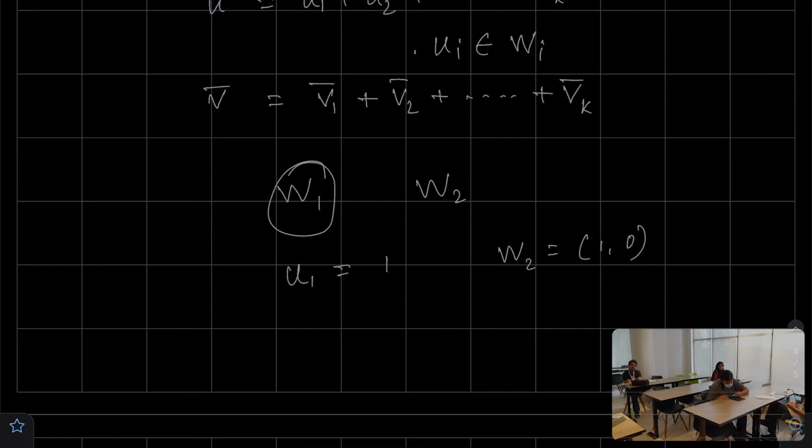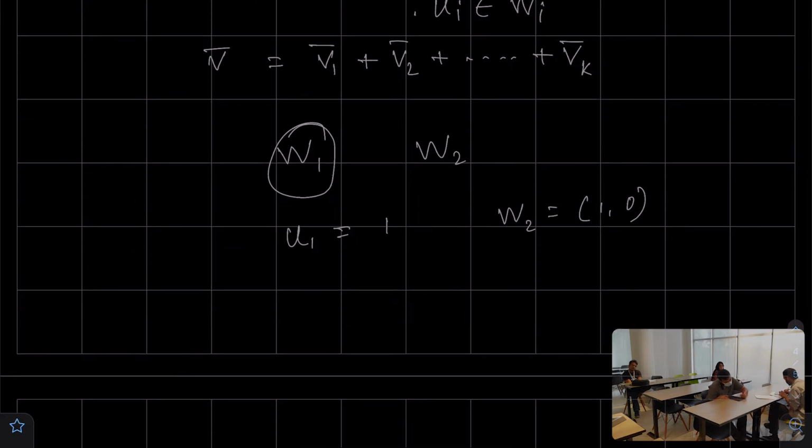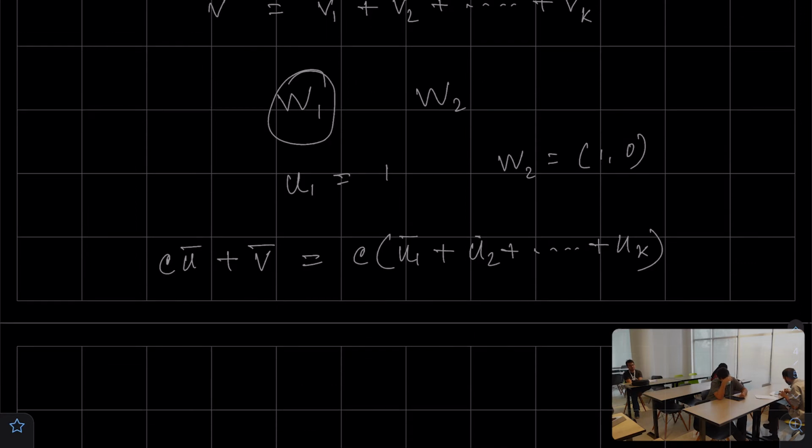Right? So now what you can do is Cu plus V, and this will be C times U1 plus U2 plus Uk, plus V1 plus V2 plus Vk.